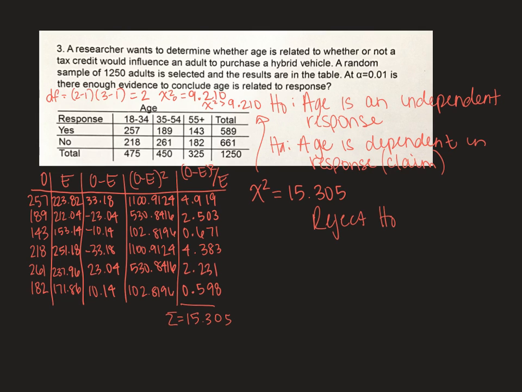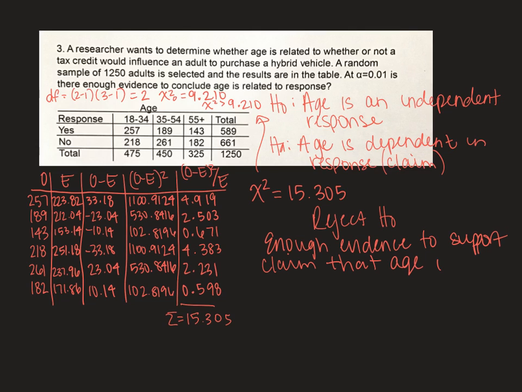So we're going to reject H0, which means we have enough evidence to support the claim that age is related to response.